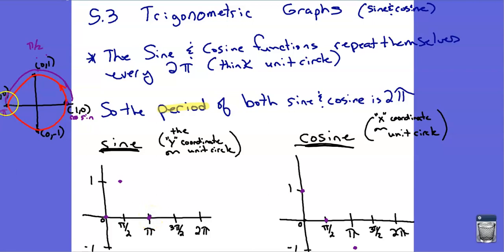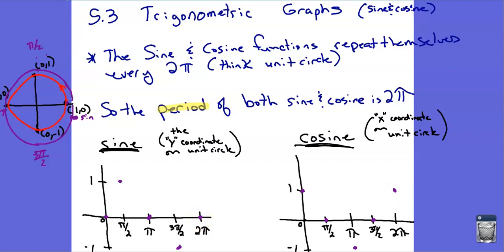As I continue around the unit circle, at 3 pi over 2, cosine is at 0, and sine is at -1. Then as I continue traveling around, I get back to 2 pi, and I'm back at 1 for cosine, and back at 0 for sine.